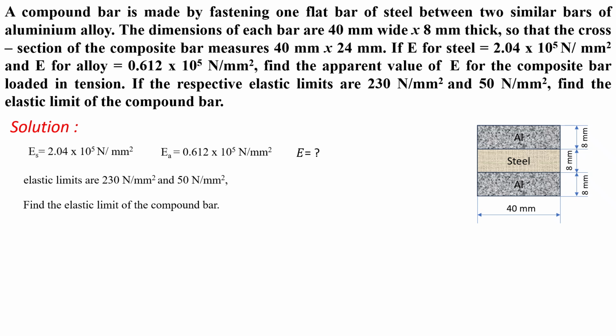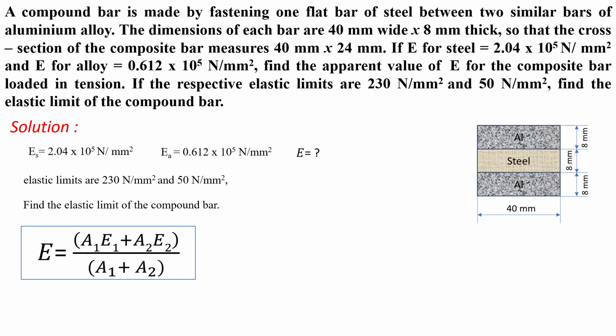So here we have to determine the Young's modulus value for the composite bar. Moreover, we have to determine the elastic limit of the compound bar. So first we have to determine the E value for the composite bar. In the previous derivation we saw the E value for the composite bar is (A1 E1 plus A2 E2) divided by (A1 plus A2).